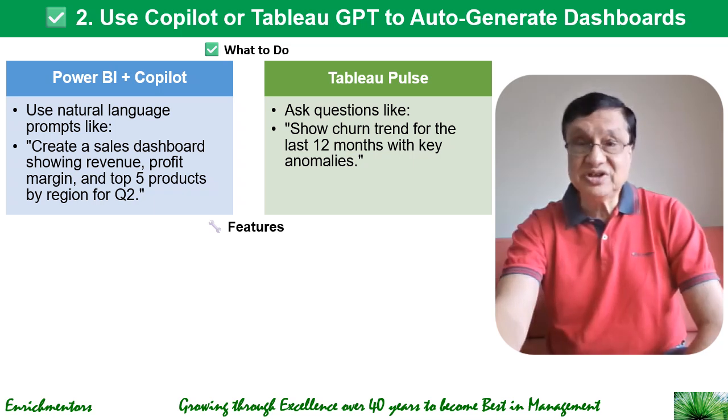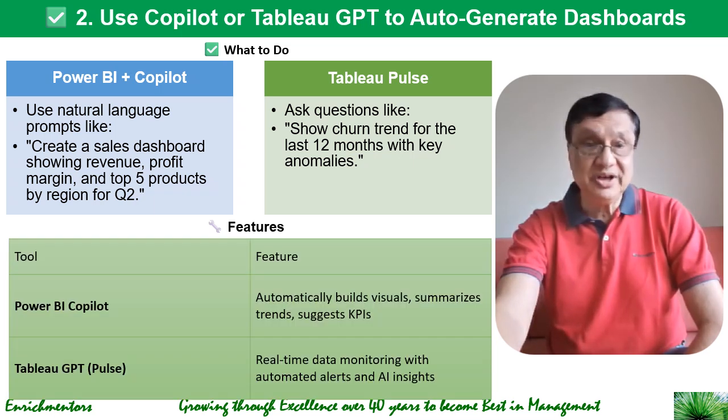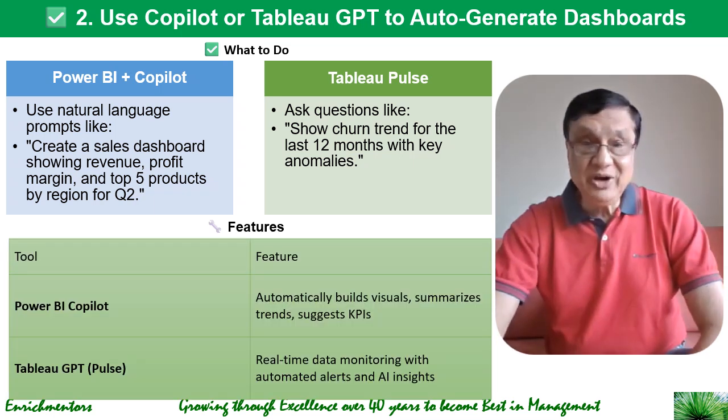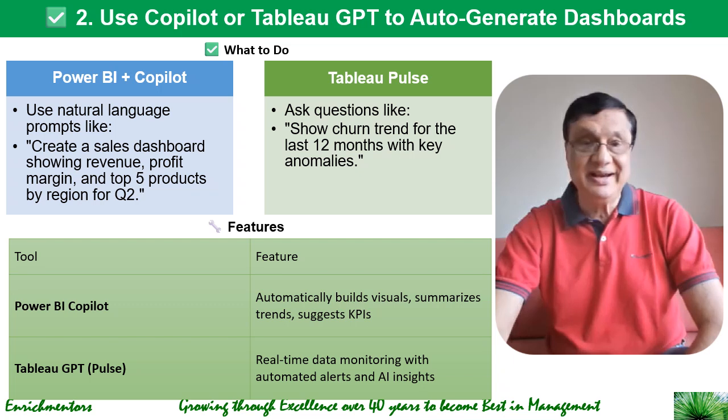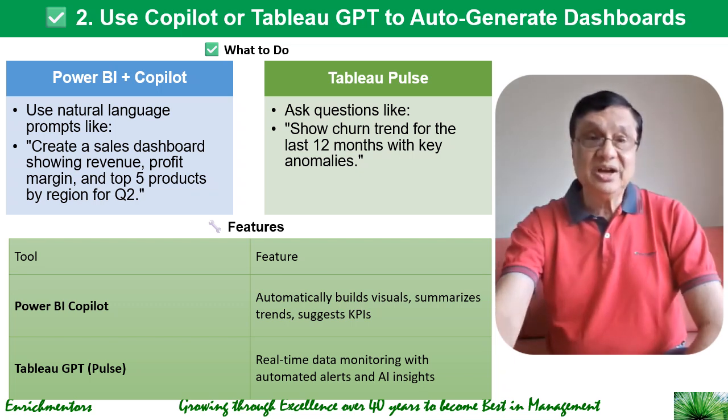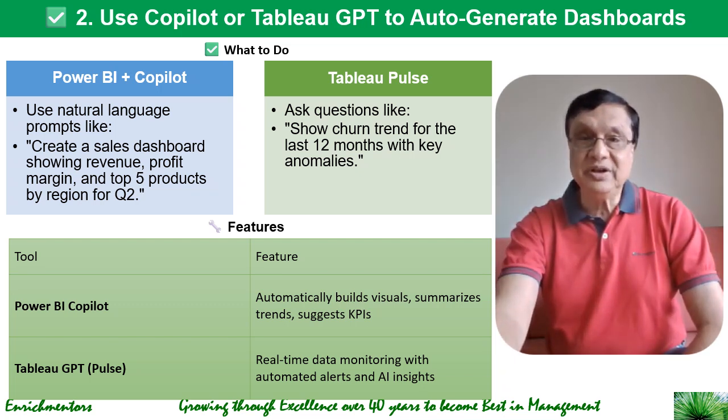And what are the features of these two tools that you can use? So for Power BI Copilot, it can automatically build visuals, summarize trends, and suggest KPIs. Whereas with Tableau GPT Pulse, you can use real-time data for monitoring with automated alerts and AI insights. So that's how you can use Copilot and Tableau GPT for auto-generated dashboards.